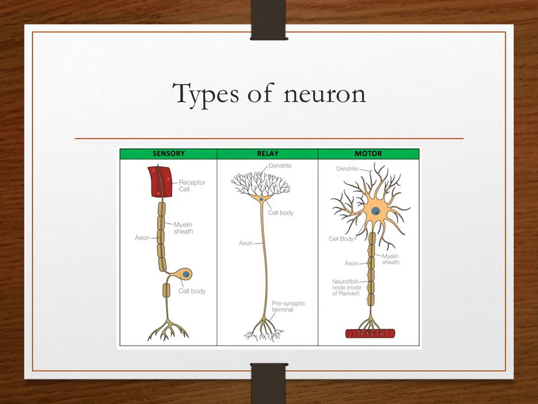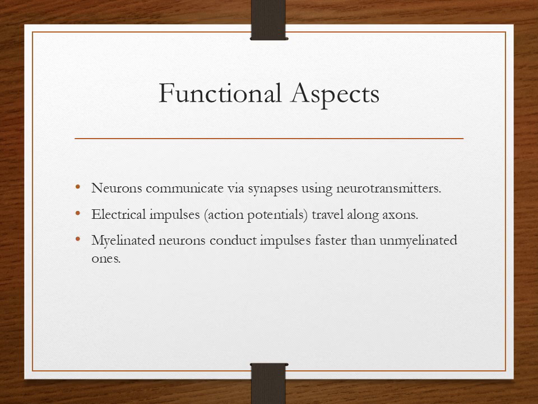Coming to the functional aspects of the neurons, neurons communicate via synapses using neurotransmitters. The electrical impulse, which we learn about as action potentials, the positive and the negative charges, travel along the axons.